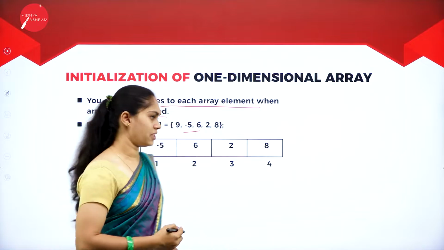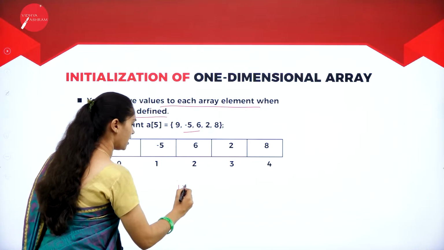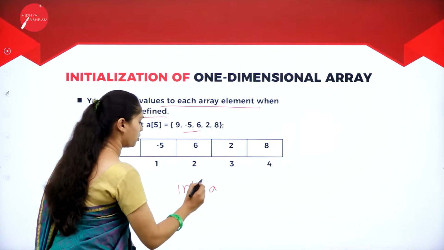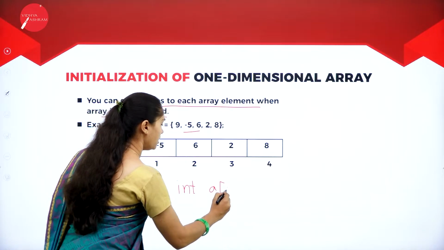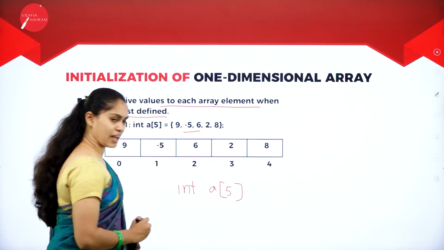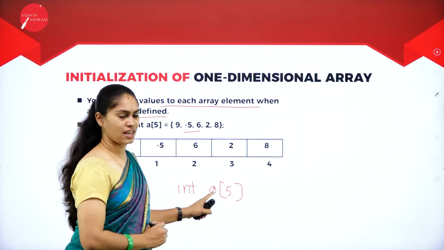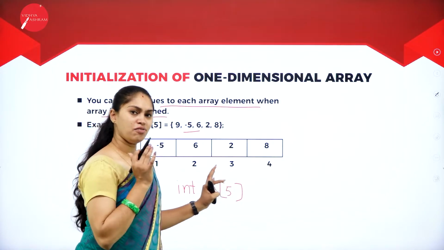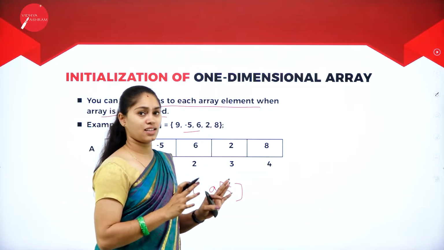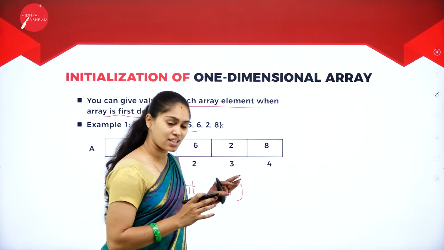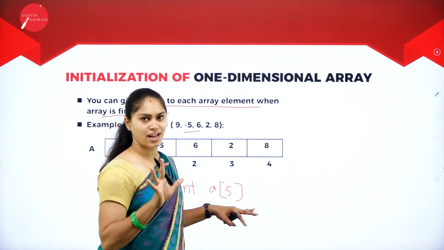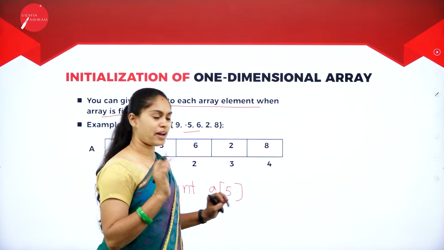First, let me declare one array. Let me consider the data type as int, the name of the array as A, and the size of the array is 5. Data type is integer, name of the array is A and its size is 5. If it is 5, it is understood that this array will hold only 5 elements, a maximum of 5 elements.